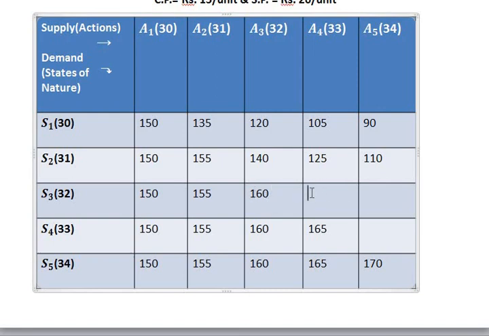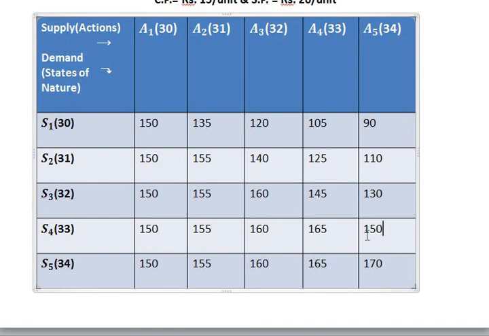What is 160 minus 15? 145, and again minus 15, it is 130. Here 165 is the profit, minus 15, so 150 will be the actual profit.